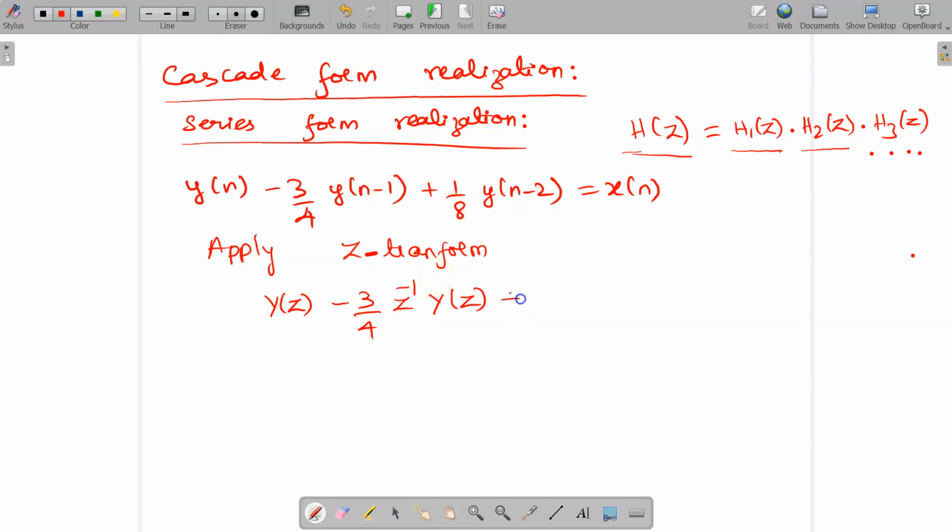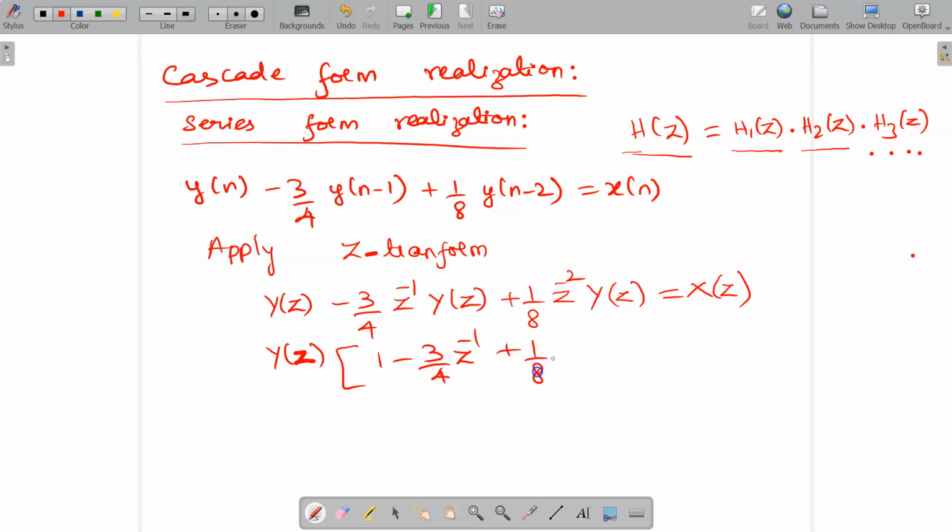The third term is 1 by 8; since it is minus 2, it is z power minus 2, Y of z. On the right hand side we have only x of n, which we write as X of z. Taking Y of z commonly outside, 1 minus 3 by 4 z power minus 1 plus 1 by 8 z power minus 2, Y of z equals X of z.